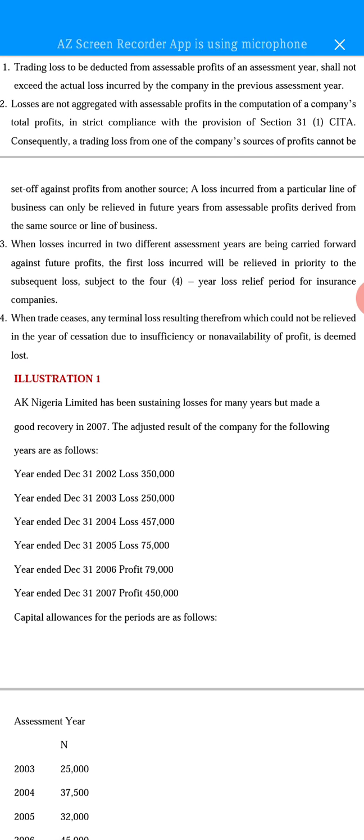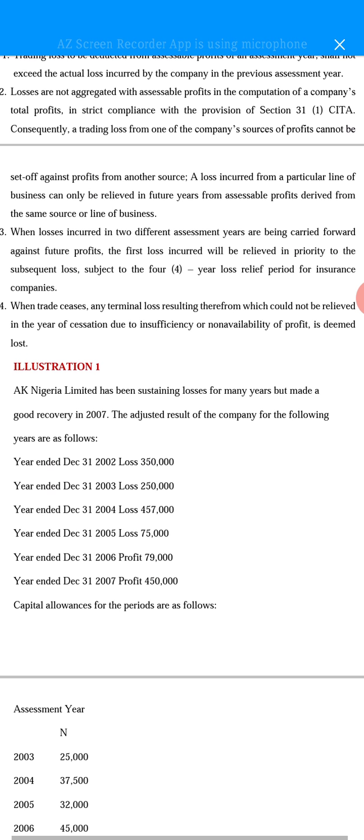The major concern of this is with regards to loss relief on insurance companies. For an insurance company, their loss carryover is just 4 years. They can only carry a loss over for 4 years.